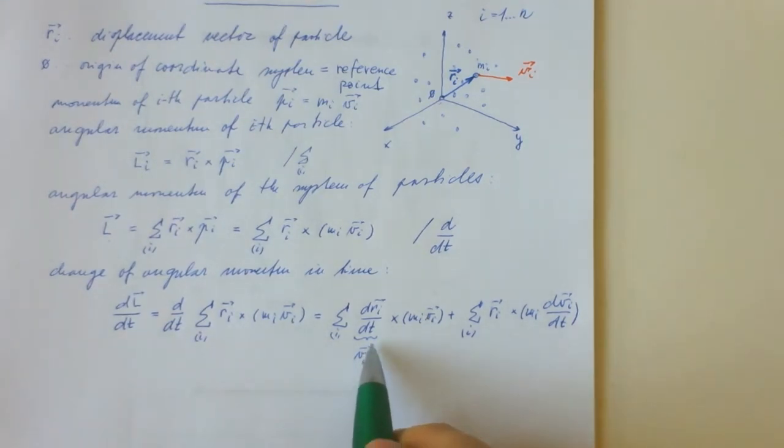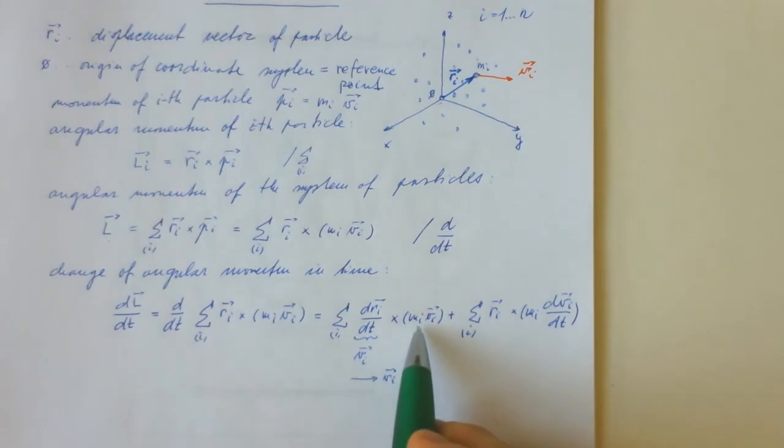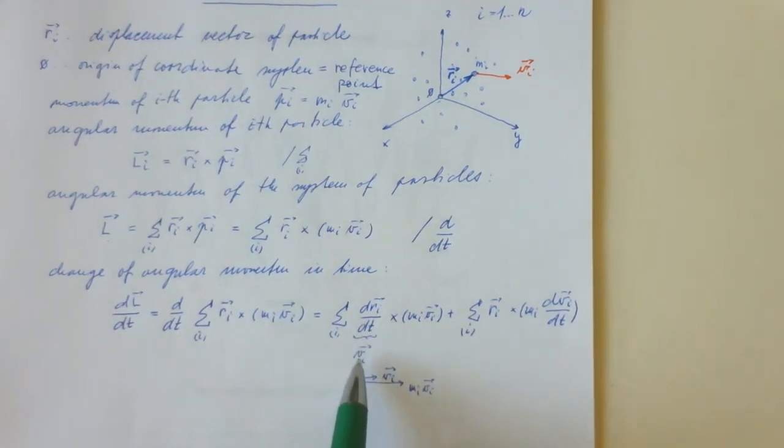And if we take the vector product of the velocity vector with the velocity vector multiplied by a scalar value, mi vi, these two vectors, vi and mi vi, are collinear, because mi doesn't change vector direction, only size.